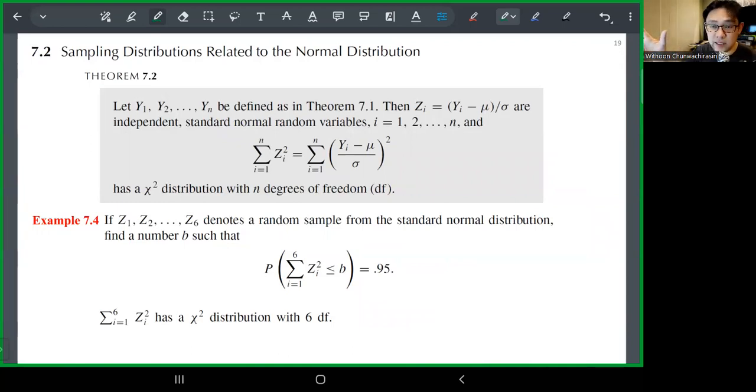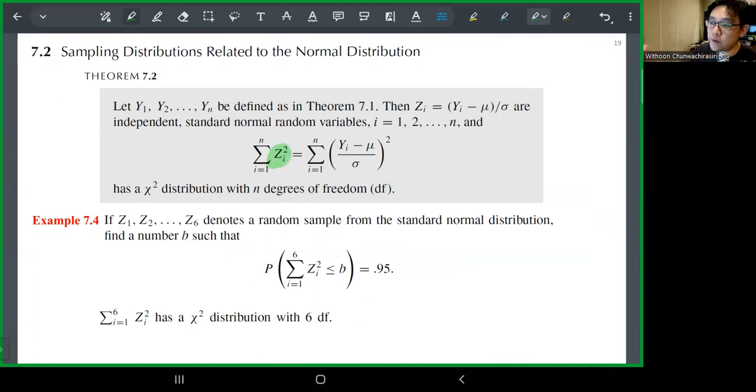You build Z, standard normal, and assume each Z is going to stay independent. And now you love to do this: Z squared. Woohoo.